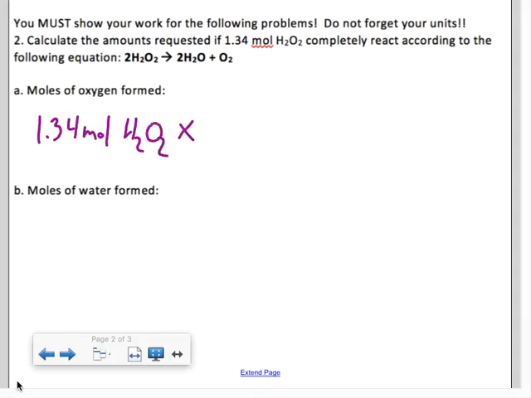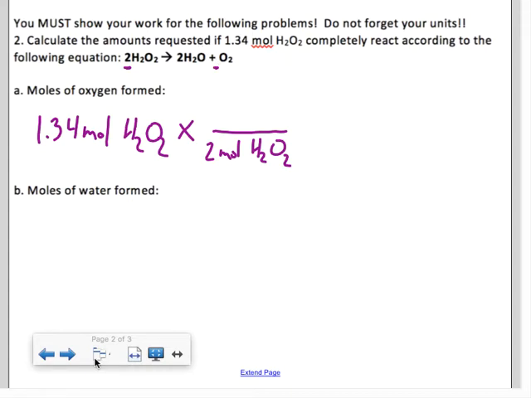So second step is, this is a balanced equation, by the way. Second step is figure out what mole ratio you want to use. So I am in H2O2. I know that's going to go on the bottom. And if I look, I have a 2 here. So 2 mole H2O2 is going to go on the bottom. What goes on top is what you are trying to get to. So it says moles of oxygen. Now you're going to look at oxygen.